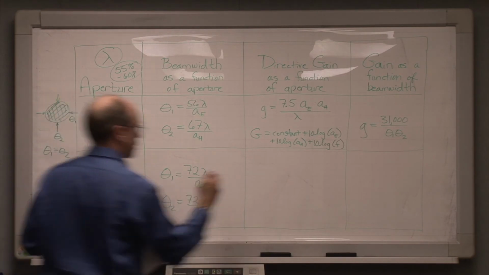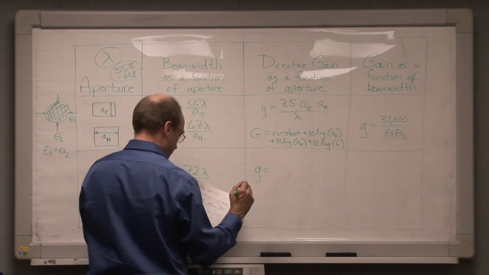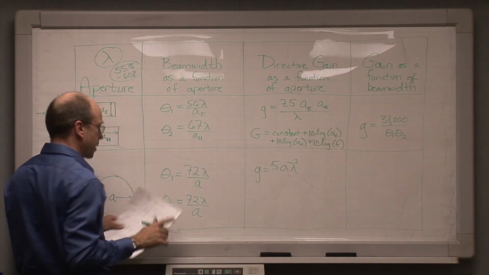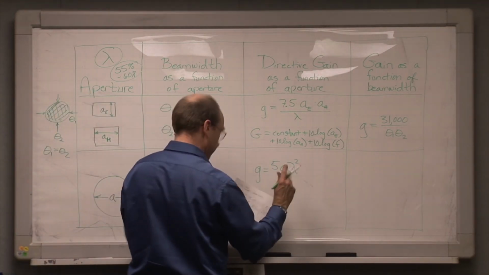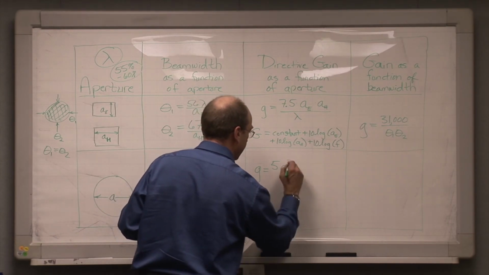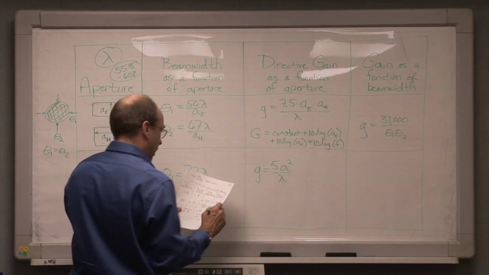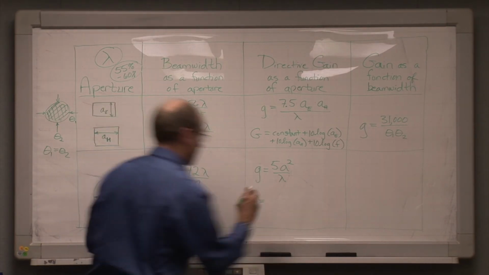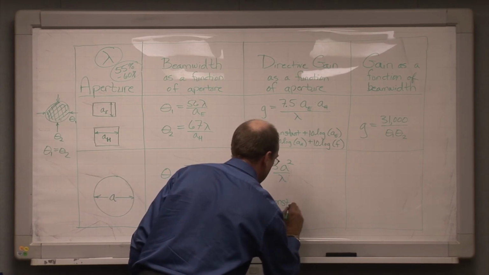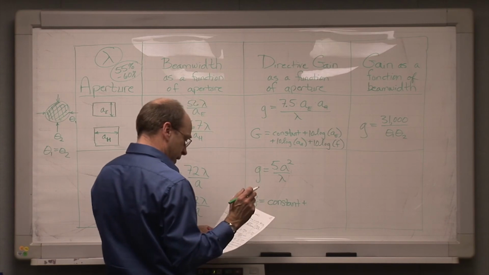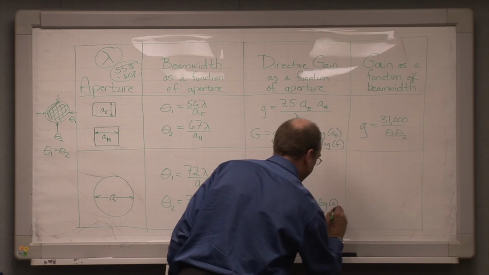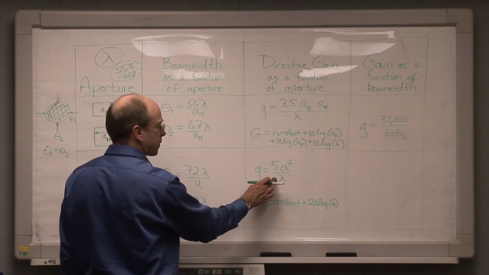And finally, for the dish, the linear gain is equal to about, these are all about because these are approximations for this efficiency, 5.8 times A squared over lambda squared. And that means that the decibel gain is equal to a constant, again we take 10 log of little g, a constant plus 20 log A plus 20 log F. Remember, F goes inversely as lambda.